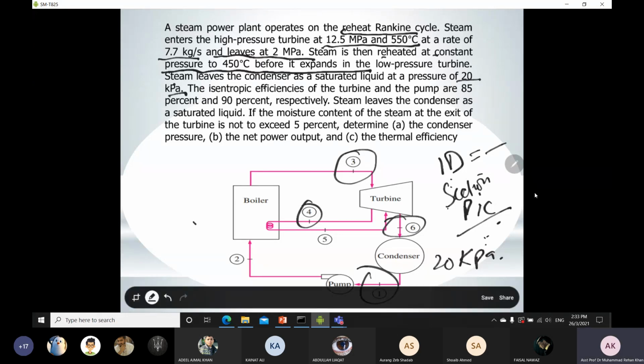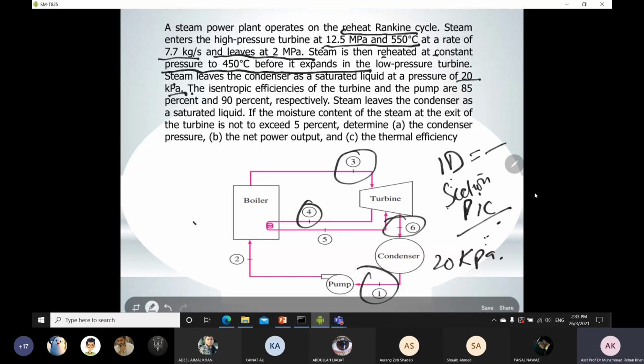Now from there you can also judge easily that the isentropic efficiencies of the turbine and the pump are 85% and 90%. So it is working on an actual reheat Rankine cycle, not an ideal reheat Rankine cycle, and steam leaves the condenser as a saturated liquid.